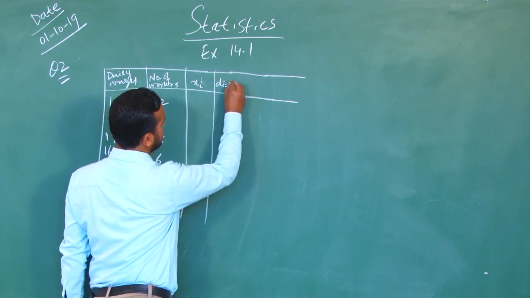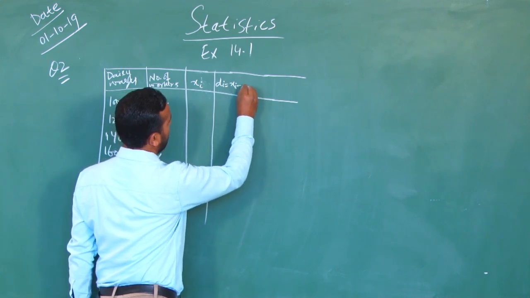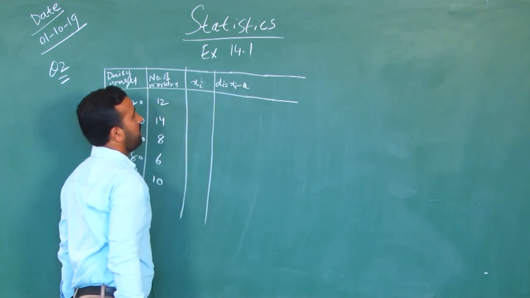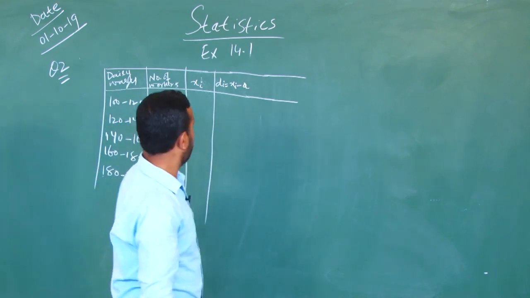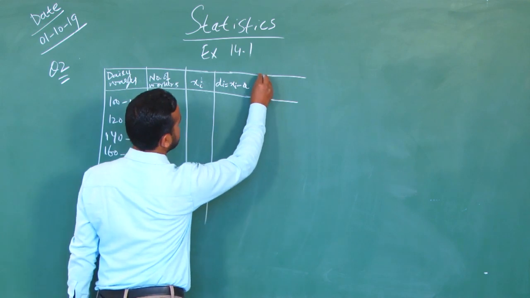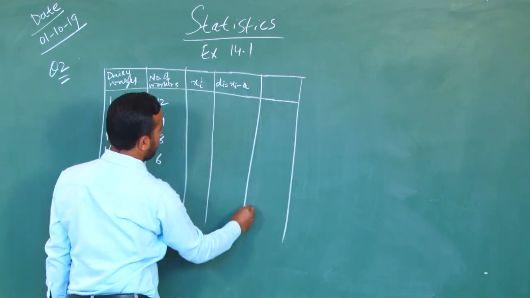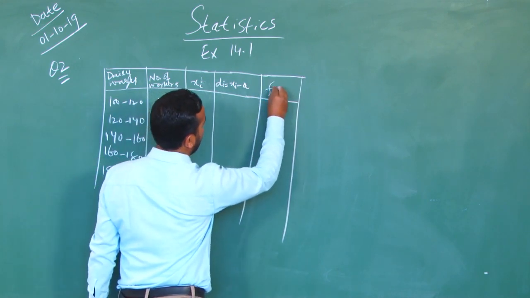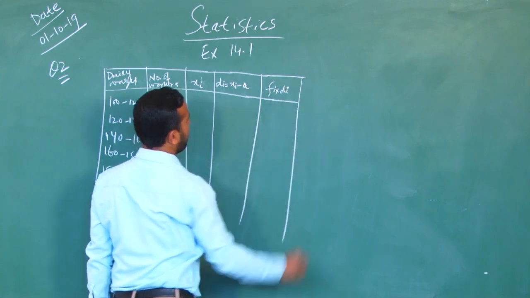Deviations are actually the difference of all the variables under study with the assumed mean. And then in the last column we will find fi multiplied by di, that is the product fi di.